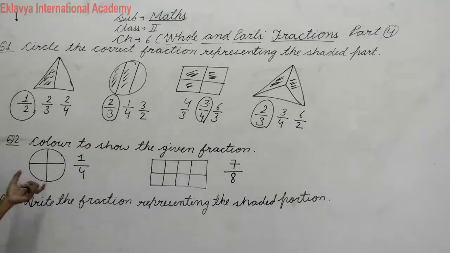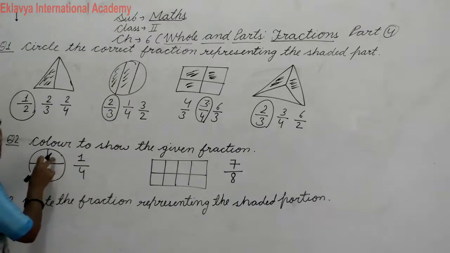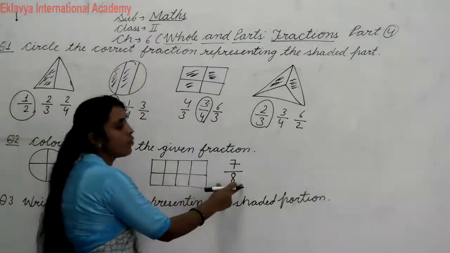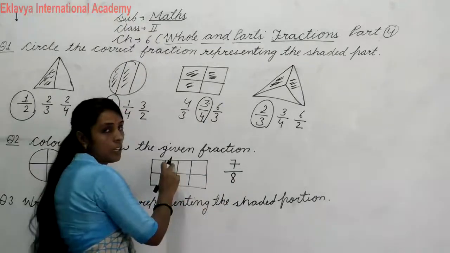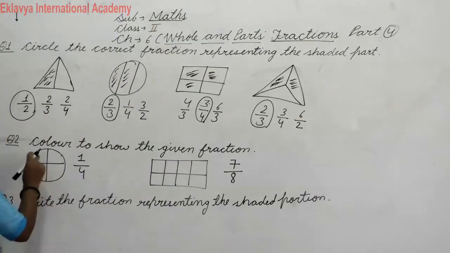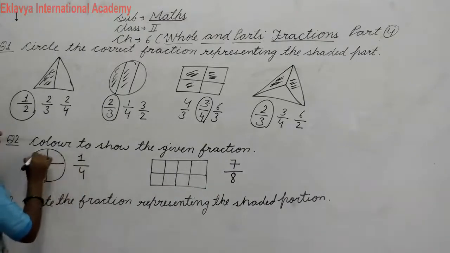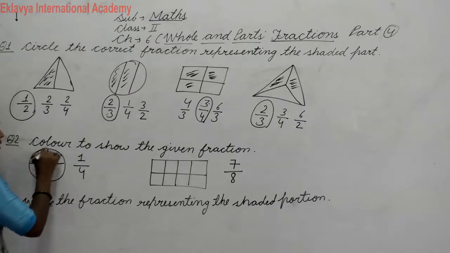In this question I have given you the fraction and you have to fill color in this picture. So do you know how many parts you will color? We will color the upper side part. Upper side is your numerator, which is 1, so we will fill color in only one part.